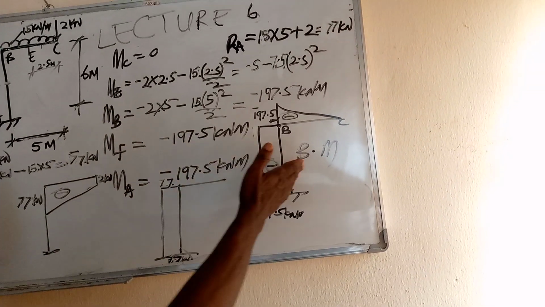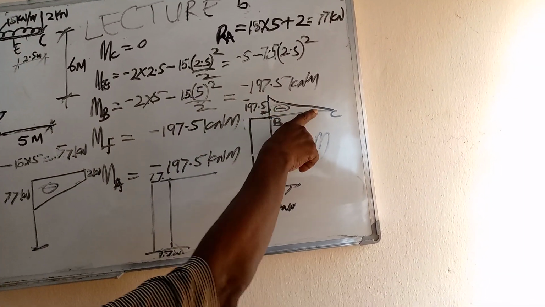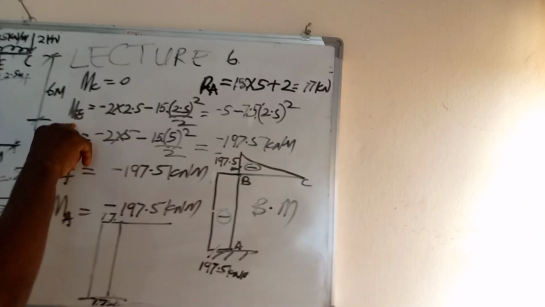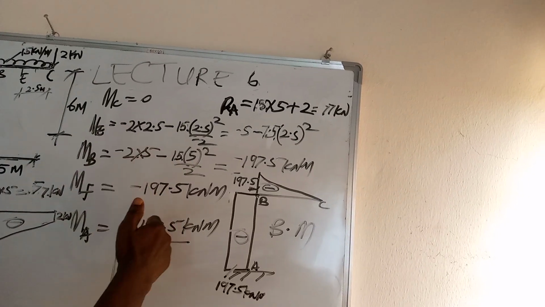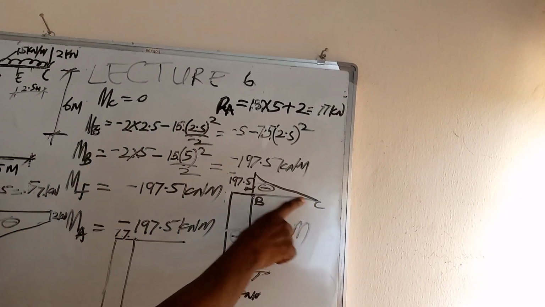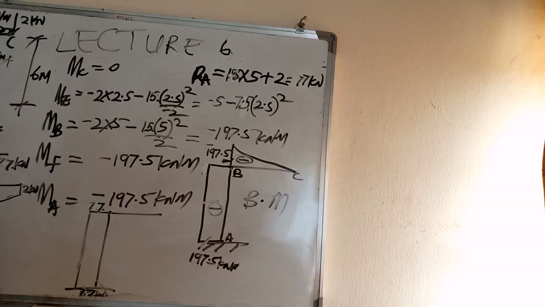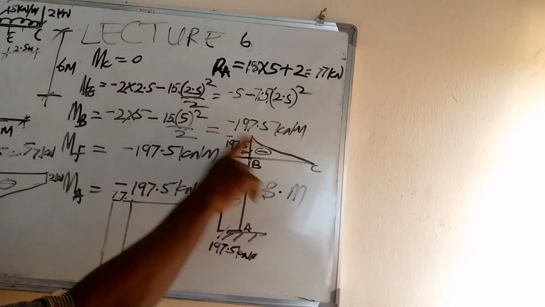And this is the bending moment diagram. Because if you look at the equation of the bending moment, from ME, MA, MB, and so on, the bending moment is a curve, because the equation is quadratic and the graph of a quadratic is a curve.